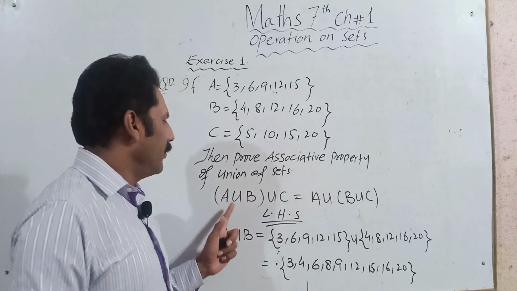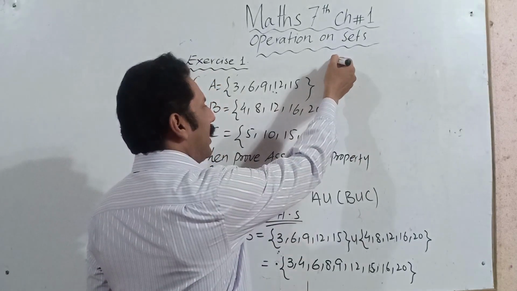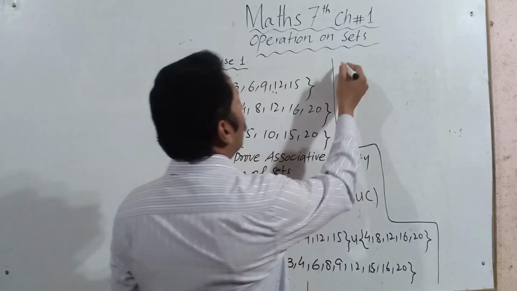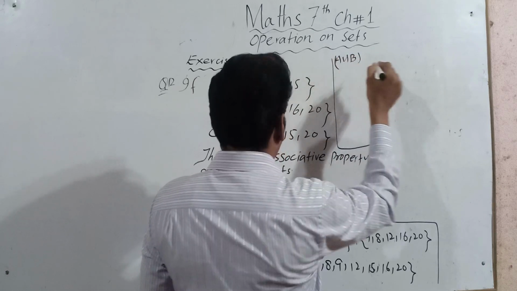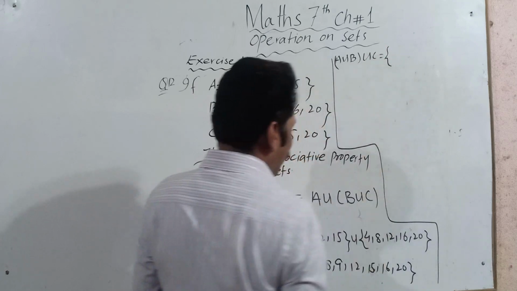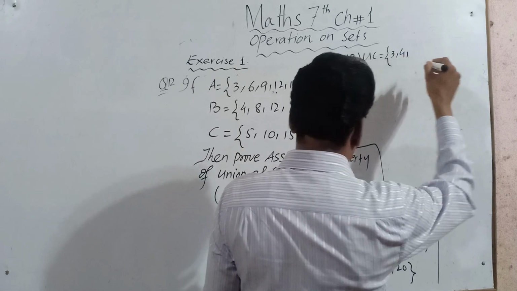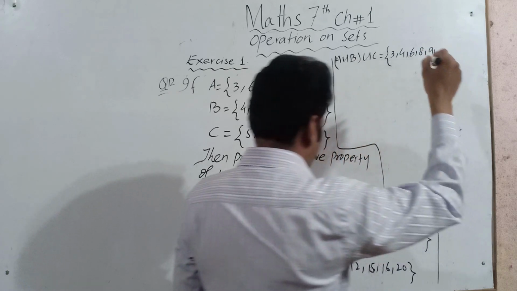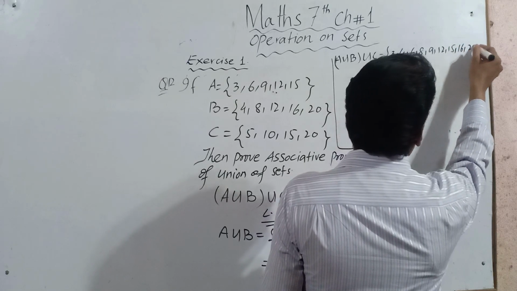Now what we have to do, we will find (A union B), then union C. So we already have A union B with us. Now we will combine A union B with C. A union B, in brackets, and then union C. A union B, we have all the elements 3, 4, 6, 8, 9, 12, 15, 16, and 20.